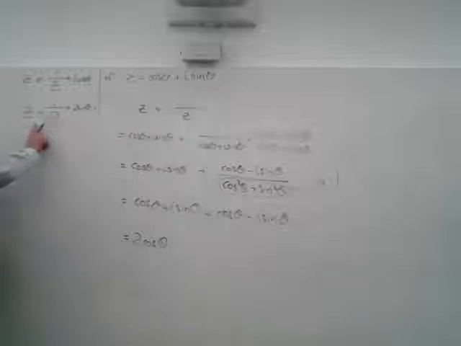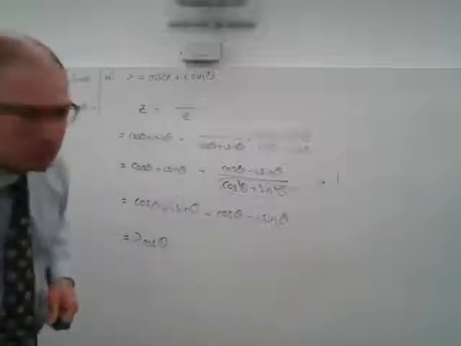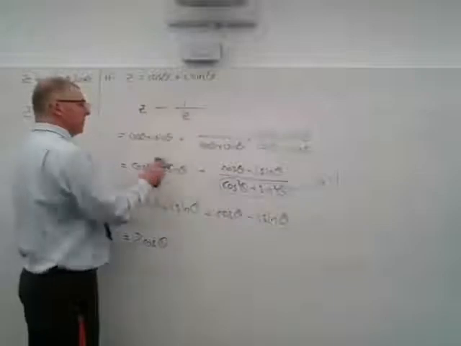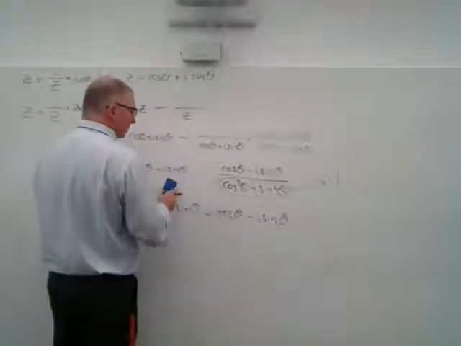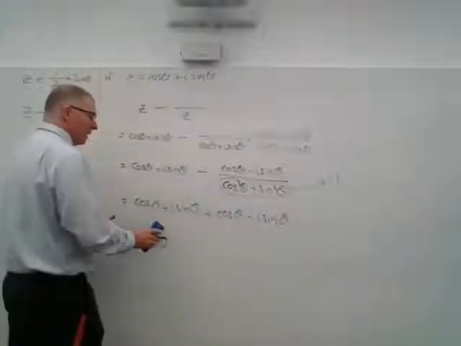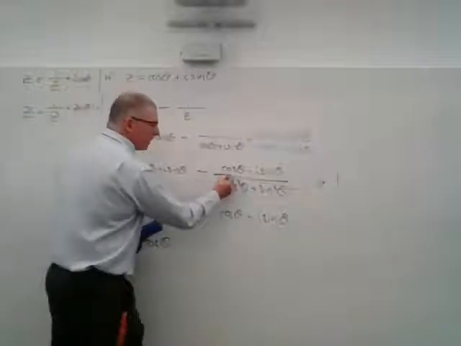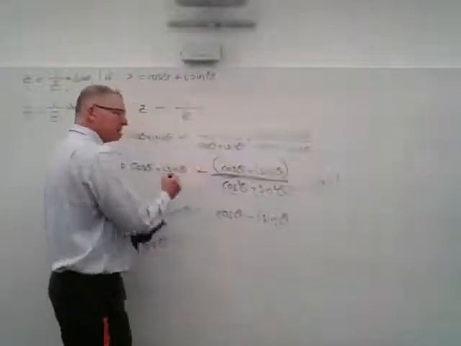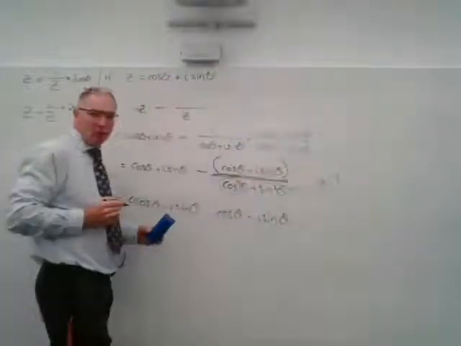So what about z minus 1 on z? Why is that 2 sine theta i? Well, it's the whole same process. If I make this a minus, then this is a minus, and this is a minus. And then when we subtract this top line, notice that this bar here is a form of grouping symbols, so the minus is outside these grouping symbols.